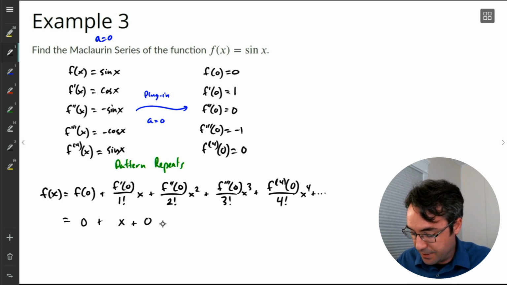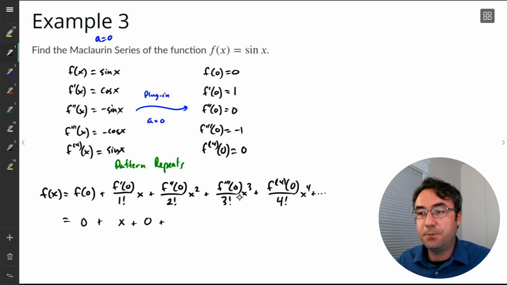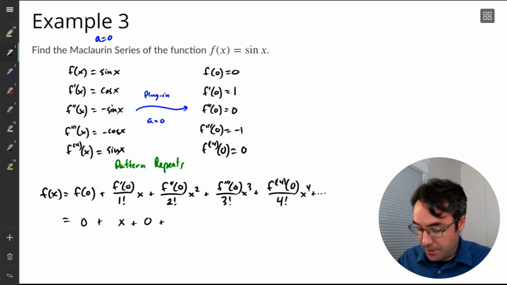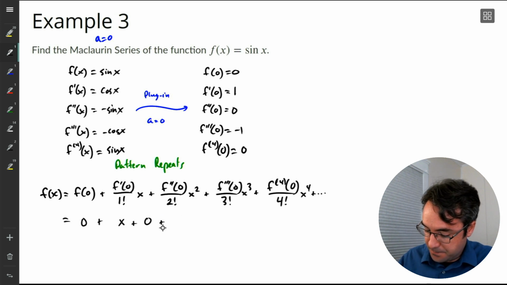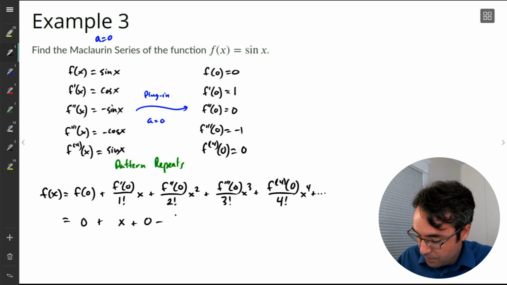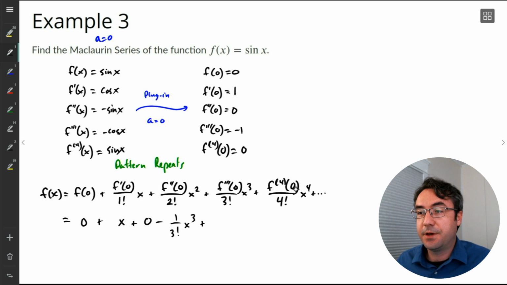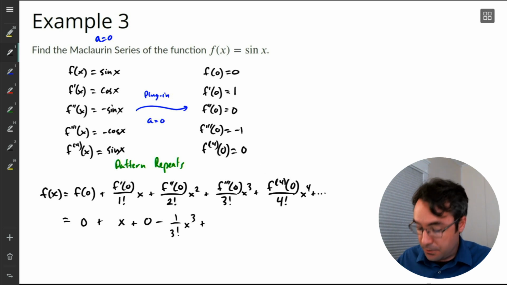And then for the x cubed term, the third derivative is negative 1, so we're going to have negative 1 over 3 factorial times x cubed. And then the fourth derivative is back to 0.